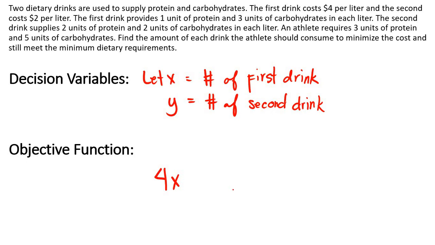Plus the second drink will cost $2, so that would be 2Y. And since we are going to find the minimum cost, the minimum cost is equal to 4x plus 2y.